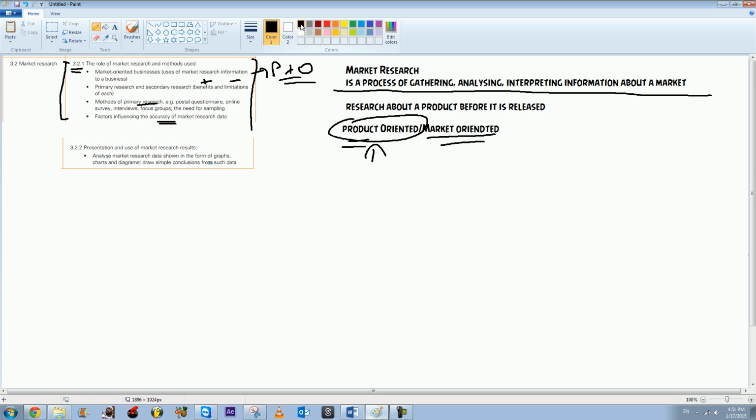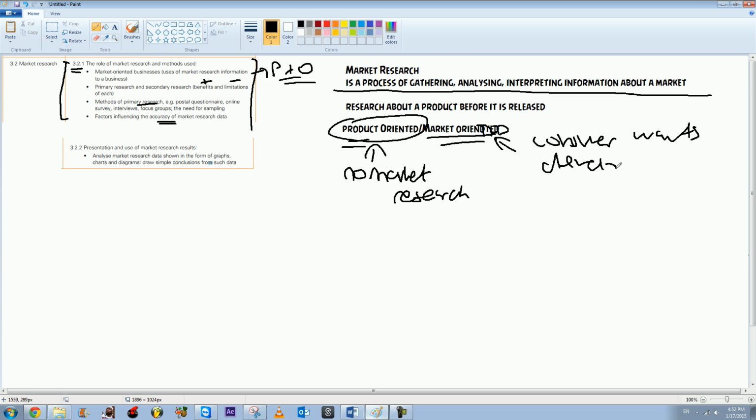And if they ask, and you don't know how to explain it further, basically this one does no market research. And a market-oriented business is one which carries out market research to find out consumer wants, so consumer wants before a product is developed and produced.